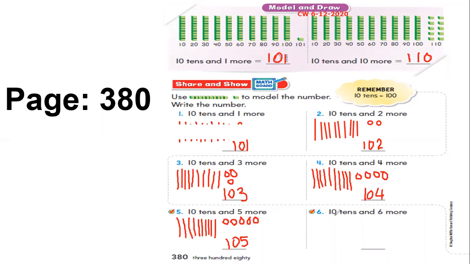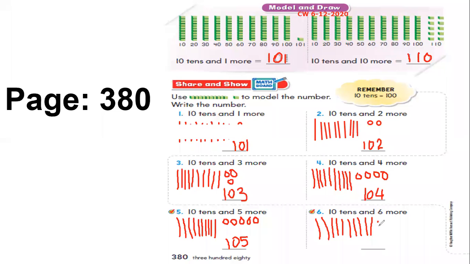Yes, excellent. So now you have the number 10 tens and 6 more. So 10 groups of 10, 1, 2, 3, 4, 5, 6, 7, 8, 9, 10. And 6 more.